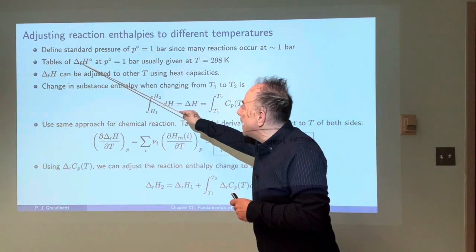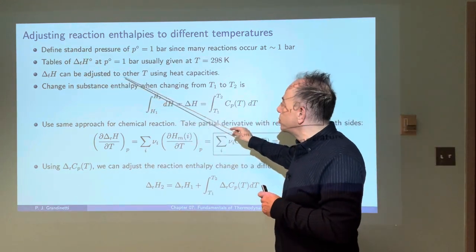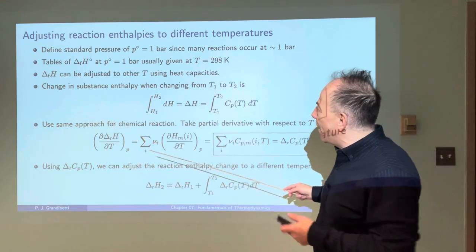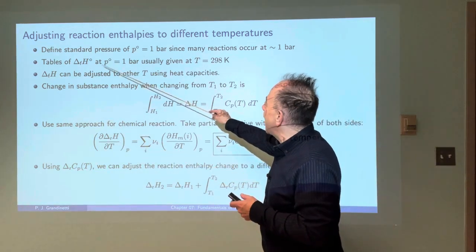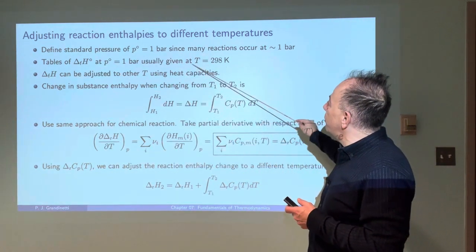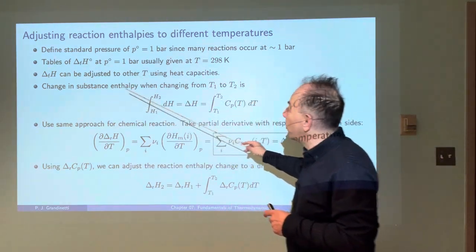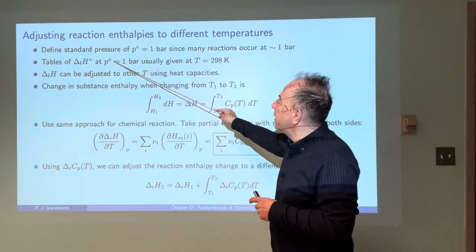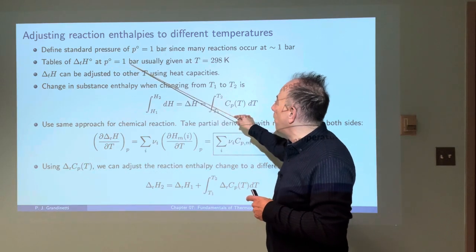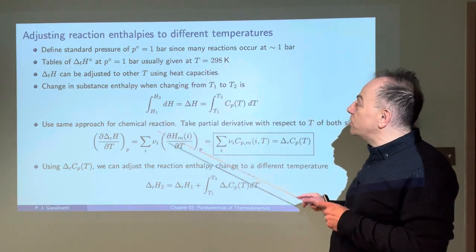And usually you'll find tables of these delta H's of formation, and you probably remember those from the back of your freshman chemistry textbook, and they'll be given to you at, say, 298 Kelvin. So you find tables of delta H formations, standard delta H's at 1 bar pressure, and they're given to you at 298.